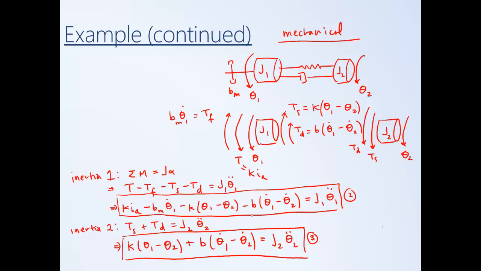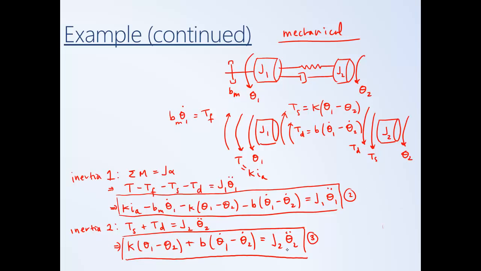If I distribute this negative B, this becomes positive. So all the theta 2 terms in this equation are positive. If I add all of these negative theta 1 terms to the right-hand side, then the theta 1 double dot, the theta 1 dot, and the theta 1 terms are all positive. And so we have the same signs, and this is a good check.